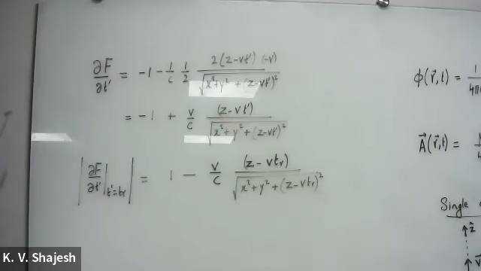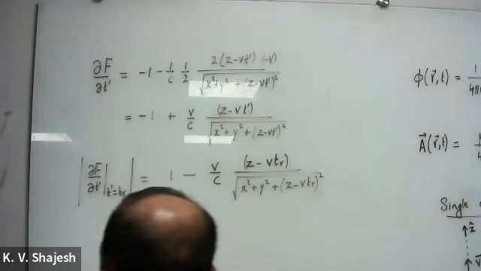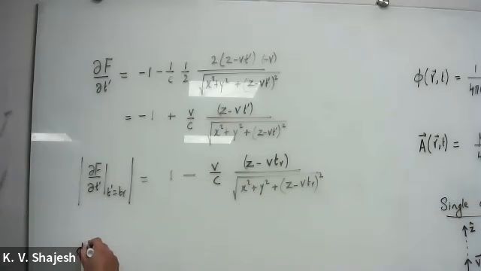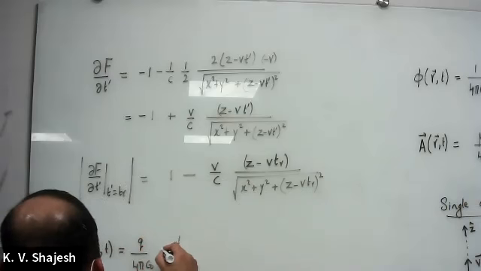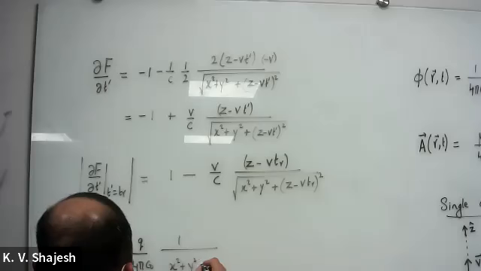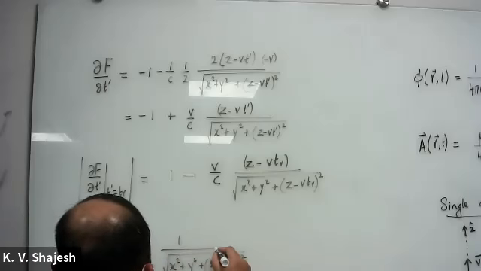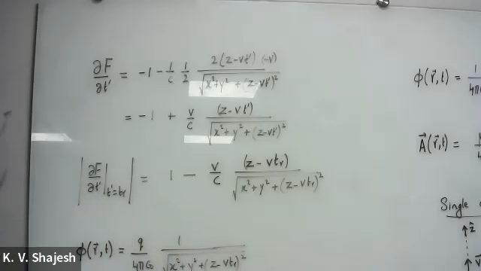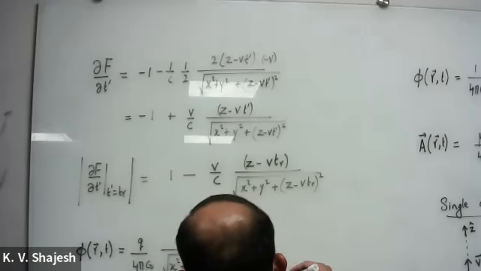So I can replace that here. Right, at this point, so let me use that. So phi of r as a function of time is equal to q over 4 pi epsilon naught times 1 over the square root of x squared plus y squared plus (z minus vtR) squared, and then this is going in the denominator, right?